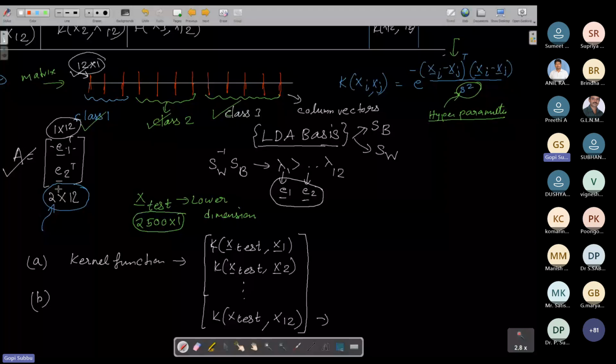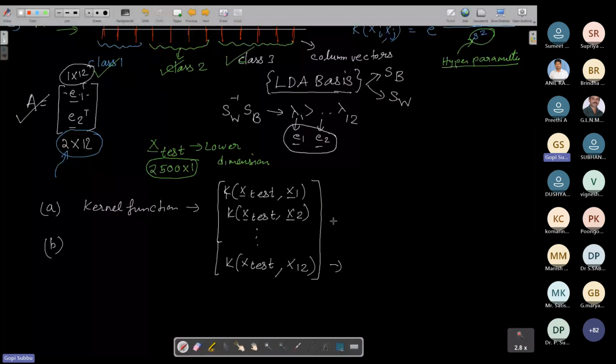So now, once we get this transformation matrix A, and we got this vector, say K here, we do the projection like Y is equal to A times K. K test, we can say, corresponding to this X test.